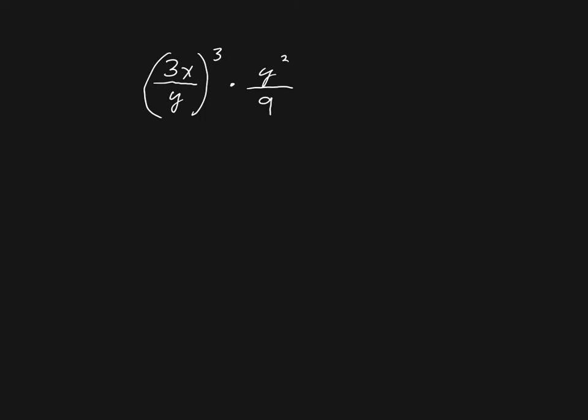Mr. Shai, I got the answer. Joey, don't write 9. Oh, my bad. 3 cubed is what? 3 times 3, there you go. I think that may be pretty close to correct. Ben, stop. 3x over y.